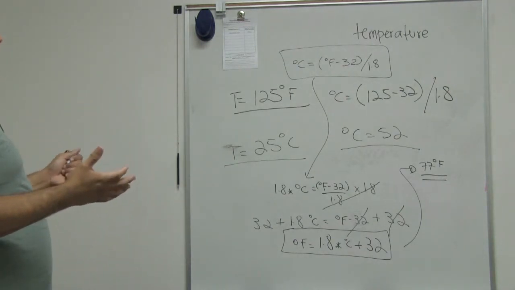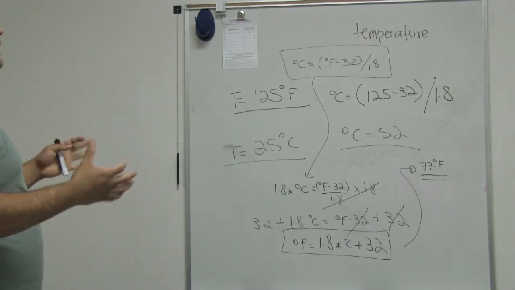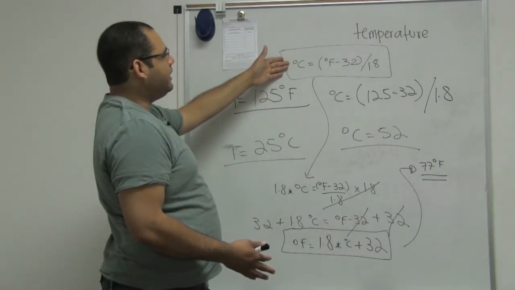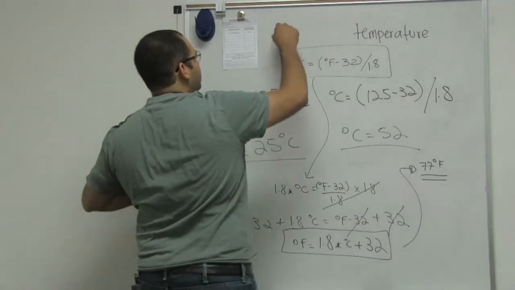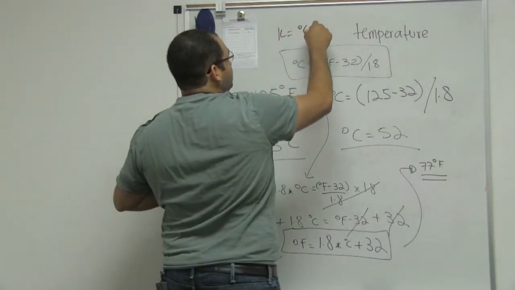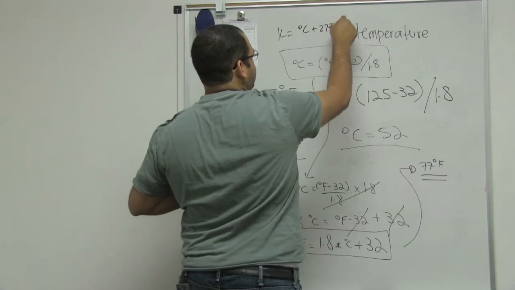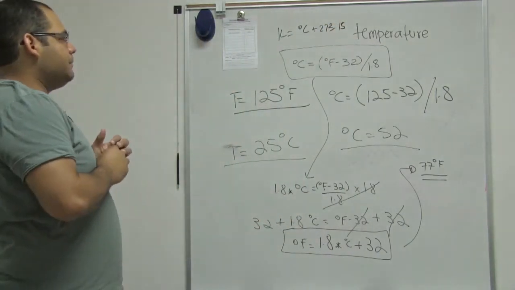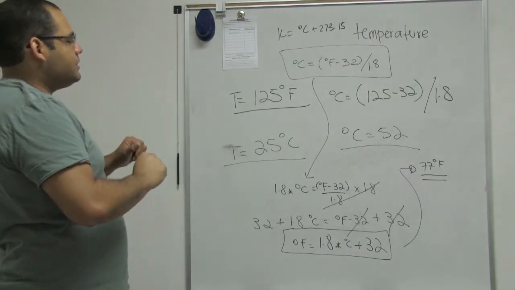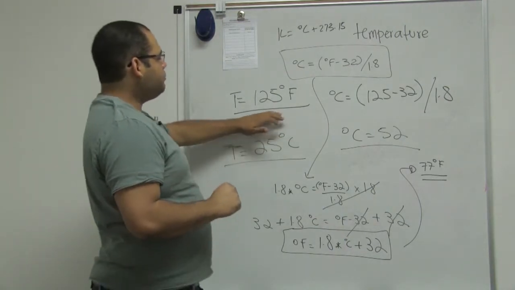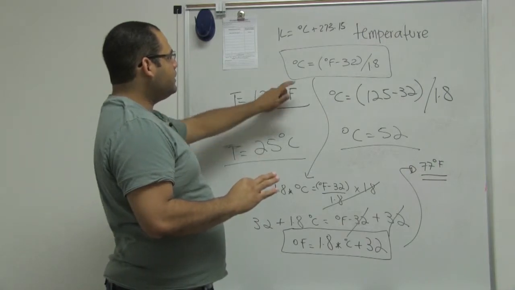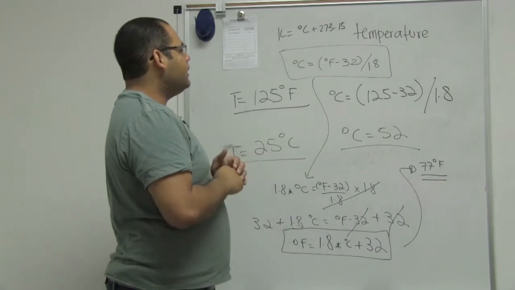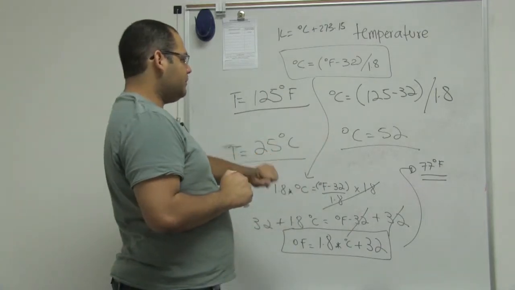So when the problem is asking me for a temperature, I need to say, well, the two equations I have are this one where I can find Fahrenheit and the other one where I can find Kelvin. And I ask, what is the question asking me for? It's asking for the temperature in Kelvin, in Celsius, or in Fahrenheit. Now with these two equations, if they want me to find the temperature in Celsius and they gave me the temperature in Fahrenheit, I just plug the numbers straightforward into my equation and find the temperature in Celsius.